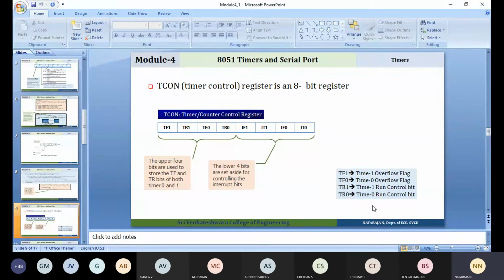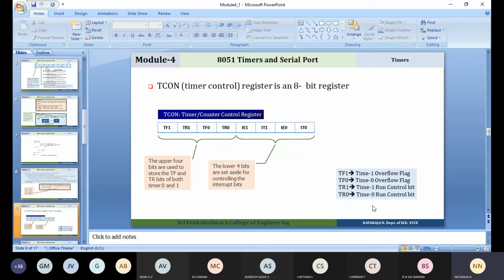Here the timers are started by setting the timer start bits TR0 and TR1. Based on that, the timers will run. That is why we call it the timer control register.